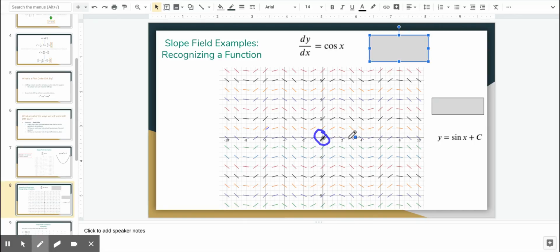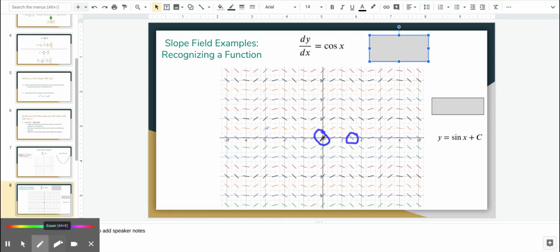So pi is approximately 3.14, right? So approximately 3, which is pretty close to this value right here. Okay. Notice that the cosine of pi, which the unit circle tells me is -1. This little line segment has a slope that's pretty close to -1, if not exactly -1. All right. So right there, that suggests that cosine does match up.